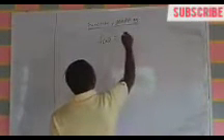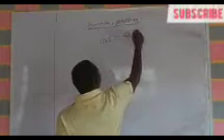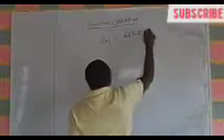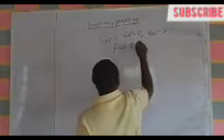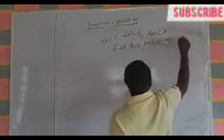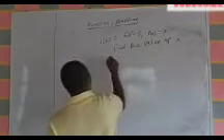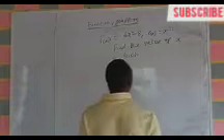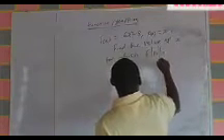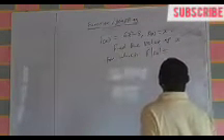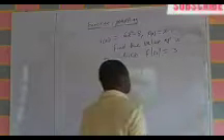So if f of s is equal to 6s squared minus 8, and k of s equals s minus 1, find the value of s for which f k of s equals 3.